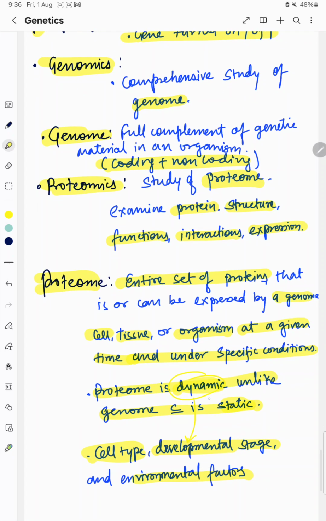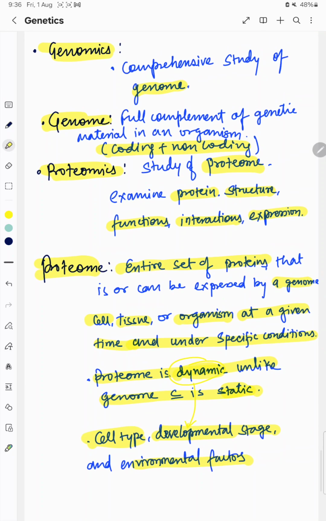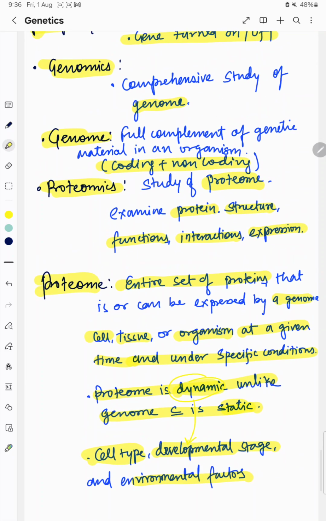So the proteome is dynamic, unlike a genome which is static. The proteome is dynamic because it alters according to the cell type, developmental stage, and environmental factors. And the study of the proteome is known as proteomics.